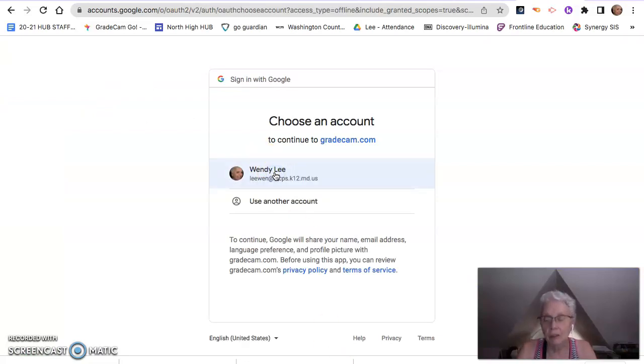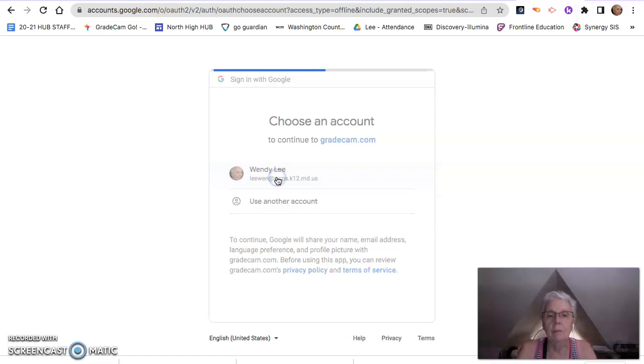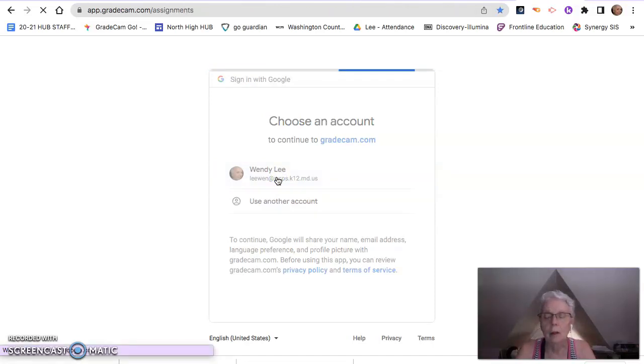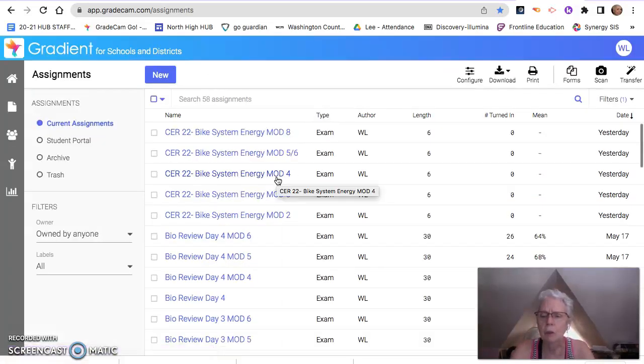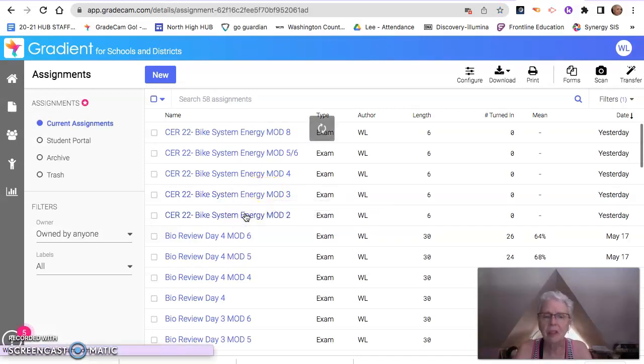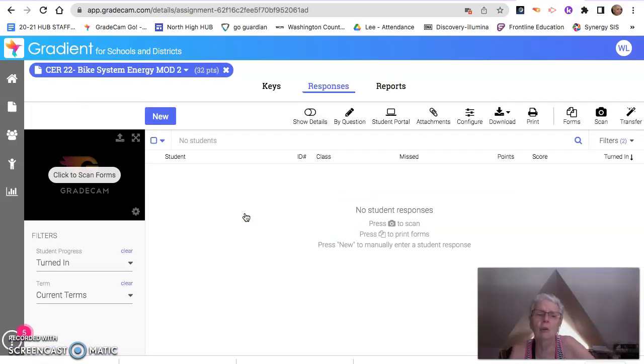If you've never signed into GradeCam, I may need to give you a code to be able to get into GradeCam. But I would imagine at this point, most of you have signed into GradeCam at some point. So you're going to do the CER 22 bike system energy.